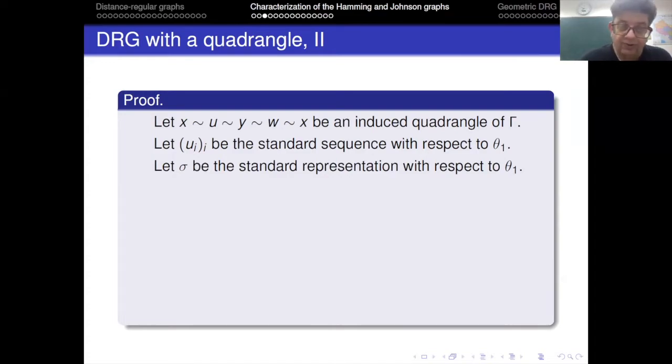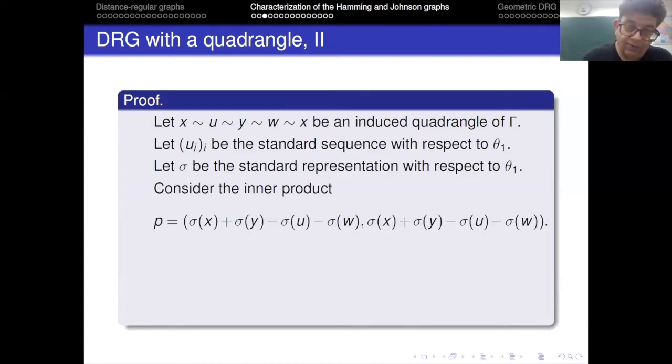So let u_i be the standard sequence with respect to θ1. Let sigma be the standard representation with respect to θ1. Now consider the following inner product. We have the standard representation, so we look at sigma(x) plus sigma(y) minus sigma(u) minus sigma(w) with itself.